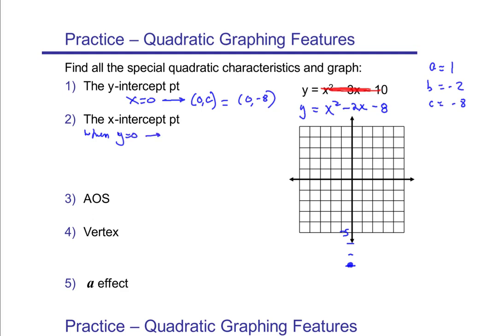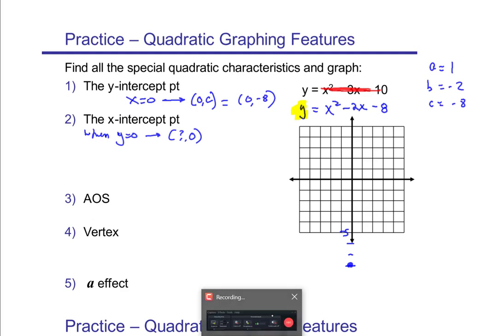So that's going to be a point, question mark, comma, 0. And it's also taking 0 and plugging in 0 right here for y. Now, it turns out we know how to solve that. We can solve that by solving the equation just like we did in 8.6.